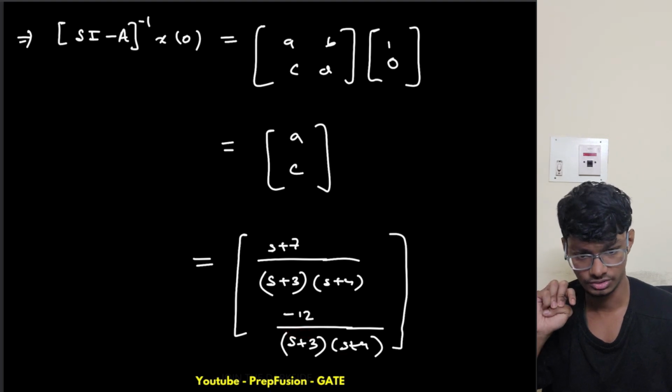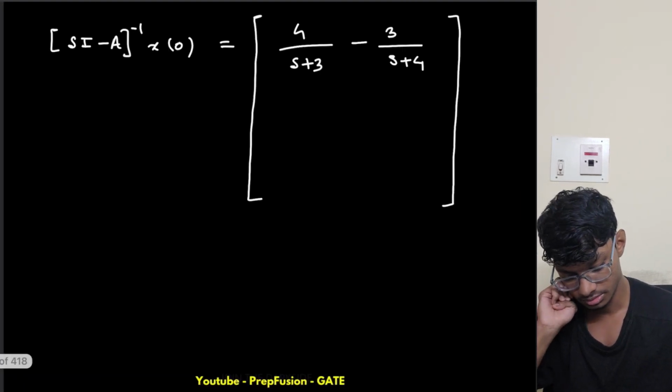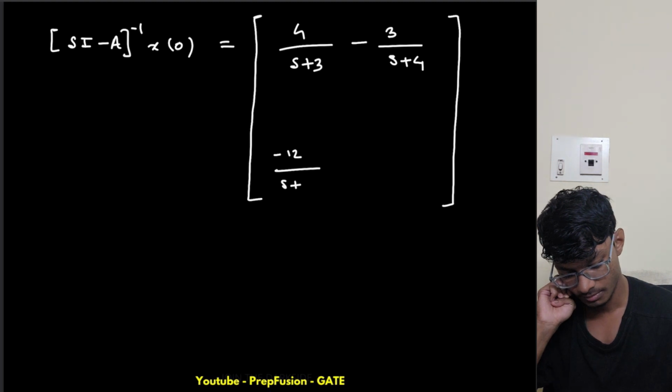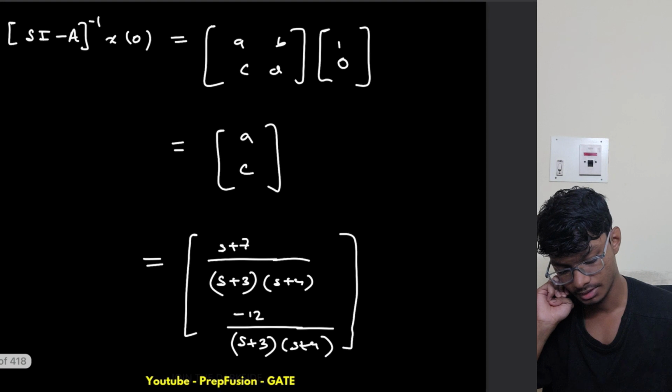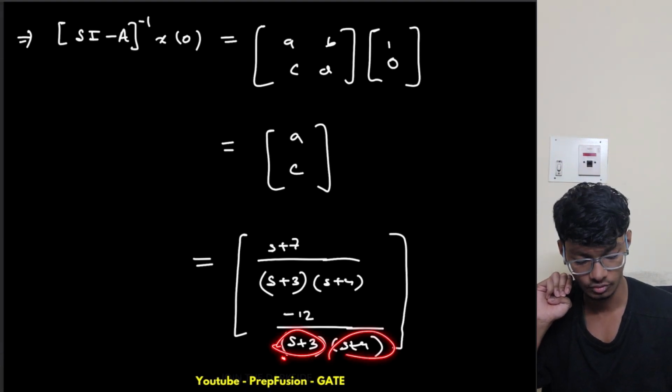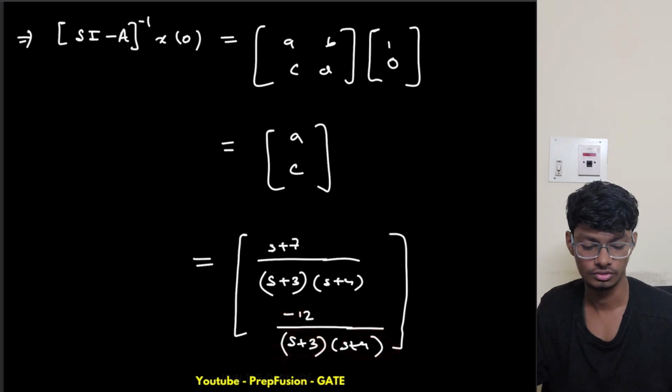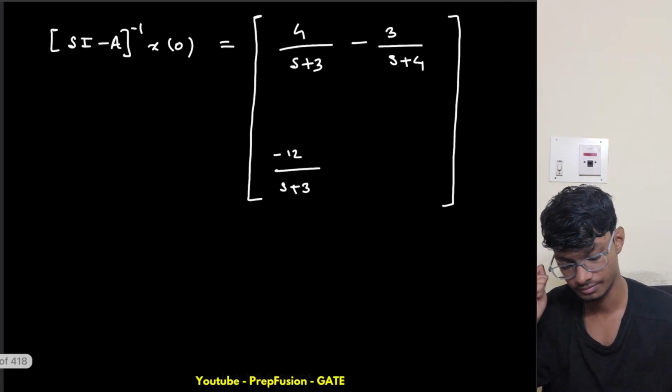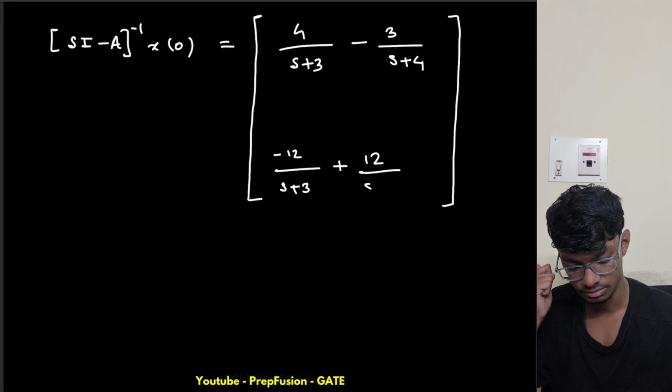So it is minus 12 over s plus 3. And if I put s equals minus 4 over here, this is minus 1 and minus 12, so it becomes 12. So 12 over s plus 4 plus 12 over s plus 4.